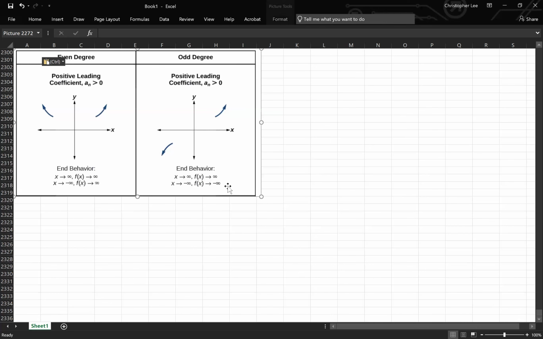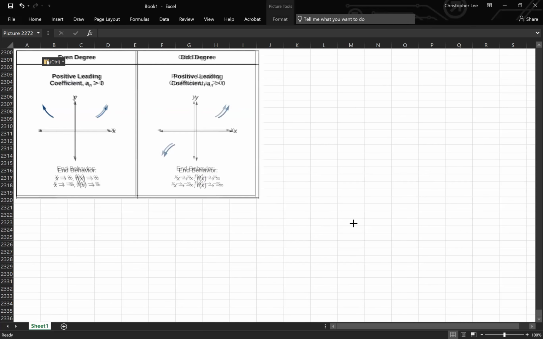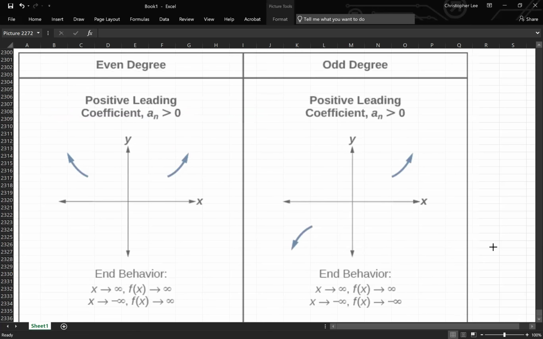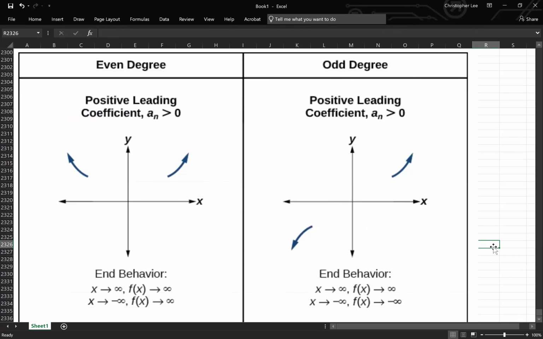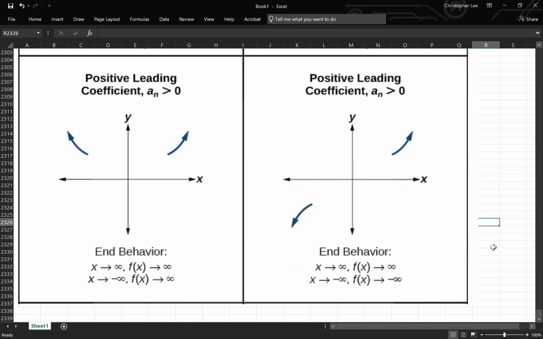Just giving y'all this information, and y'all be able to use it. So for an even degree, this is kind of what I was telling you how I would like the answers, right? For a positive leading coefficient, a_n greater than 0, the end behavior will be like that, right? As x is going to positive infinity, f of x is going to infinity, and as x is going to negative infinity, f of x is going to positive infinity.